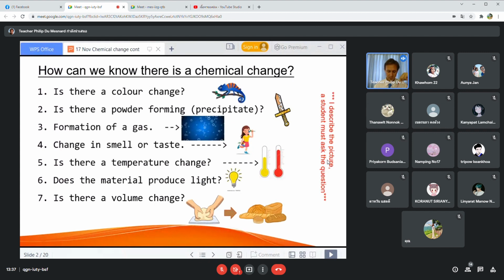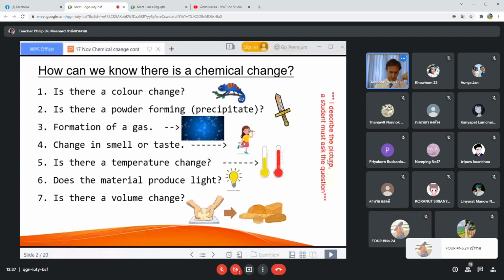Okay, let's ask Cartoon 1, number 9. I see someone baking bread. What is the question? Taking the dough and making a bread.